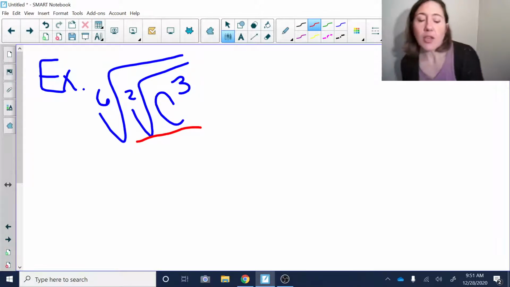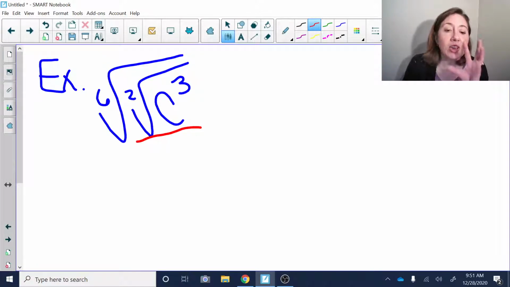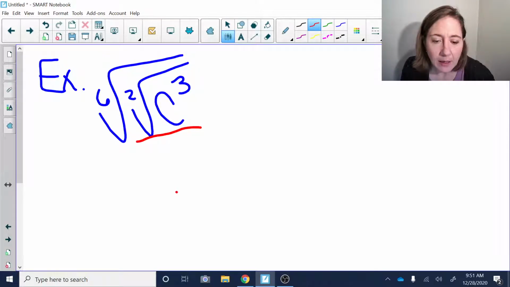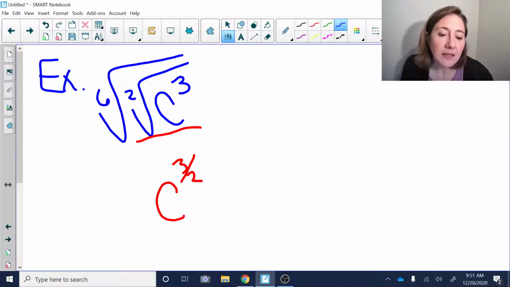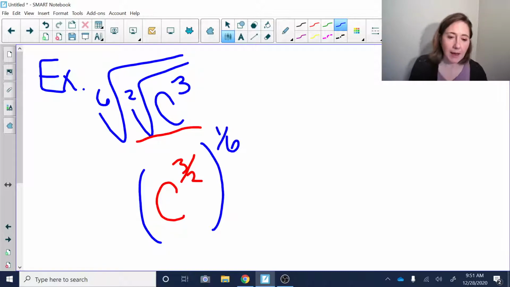So let's take that square root of c cubed and change it into a fractional exponent. So that would be c to the 3/2. And then since that is getting 6th rooted, I'm going to write that as to the 1/6 power.